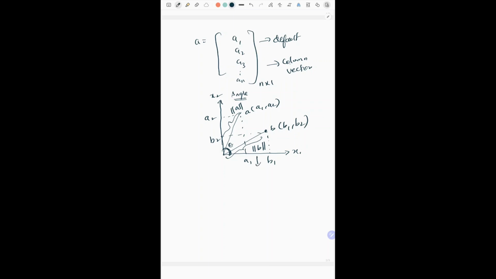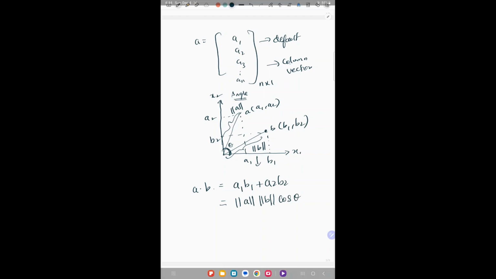Here, A dot B, we saw this is the dot product, and this can also be written as A1 B1 plus A2 B2. We saw this in the previous slide. A dot B is also equal to norm of A, norm of B, cos theta, the angle.